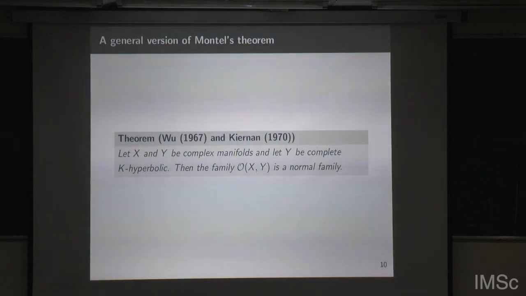So, let me explain what a normal family is. In a normal family, any sequence that you consider will either have a subsequence that converges uniformly on compacts or a subsequence that diverges uniformly on compacts.